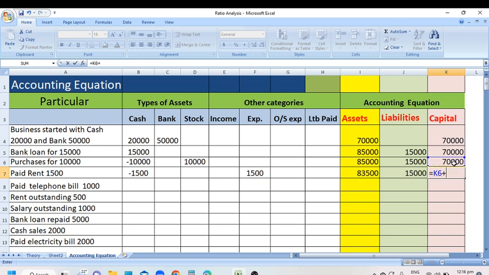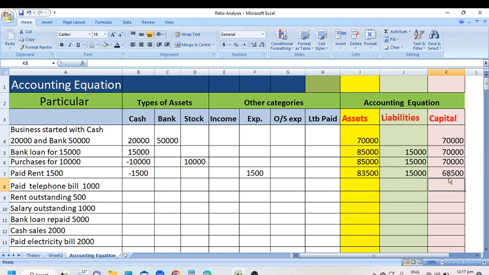When we have income, we add income, less expenses from the capital and less outstanding expenses from the capital too. So when you paid the rent, you paid cash, which affects the asset, and definitely it is an expense, so it will affect the capital as well. So expenses have two effects, on assets and capital, but they don't affect liability, right?